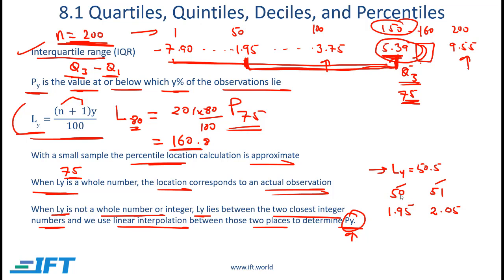So if at location 50, the value is 1.95, and at location 51, the value is 2.05, then location 50.5 would mean a value in between these two. So in our simple example, that would be 2.00. So we would say that the value corresponding to location 50.5 is 2.00.